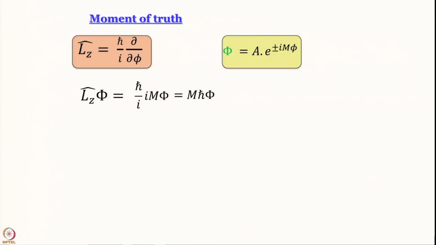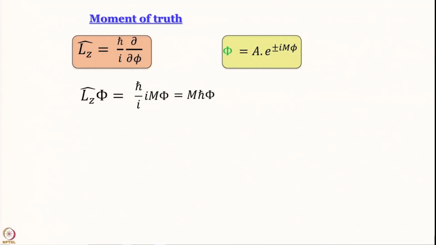Do not forget that there is this h cross by i as well. So, you multiply by that, then h cross remains h cross, and the i in the denominator cancels the i that was coming from the differentiation; m is left. So, Lz operating on Phi gives you m h cross multiplied by Phi. So, m h cross is the eigenvalue for your z component of angular momentum.